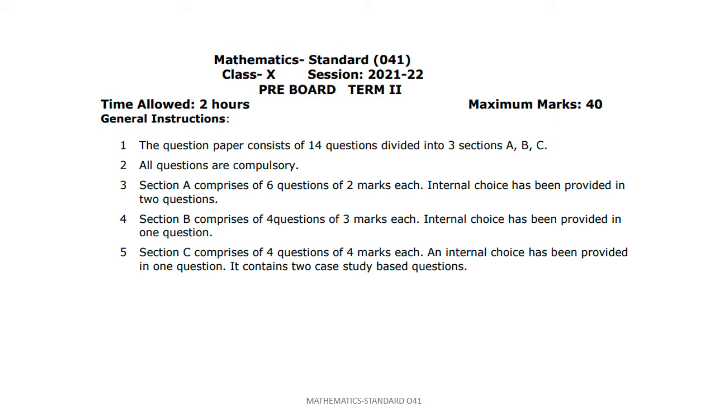Internal choice has been provided in 1 question. Section C comprises 4 questions of 4 marks each, and internal choice has been provided in 1 question. It contains 2 case study based questions. So this is the pattern, children. You all know the pattern already.